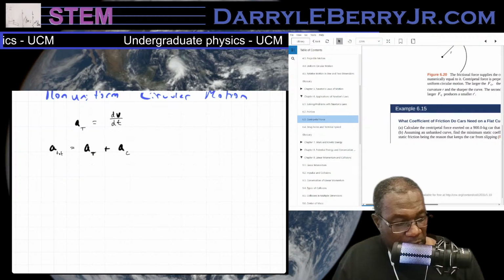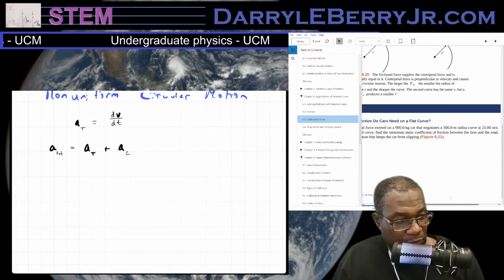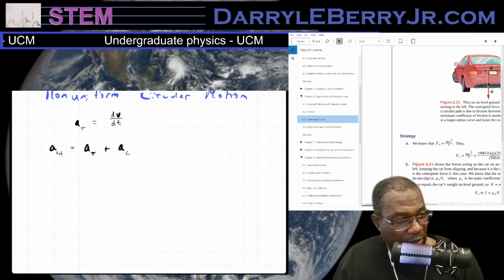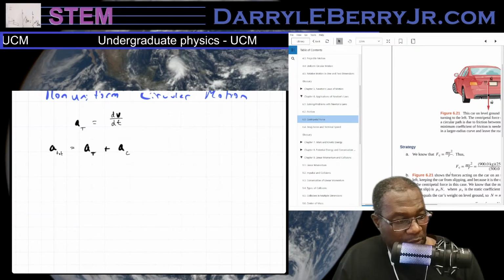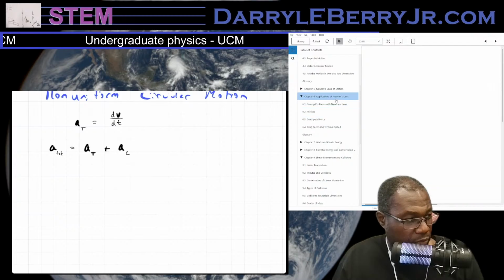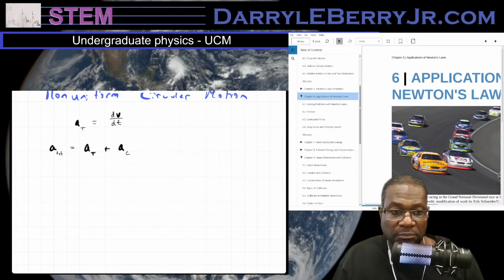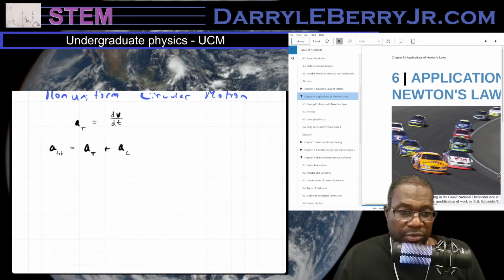There we go. It's about coefficient of friction when things are moving. Okay, let's go through applications of Newton's laws. So I'll go ahead and change the text and everything.